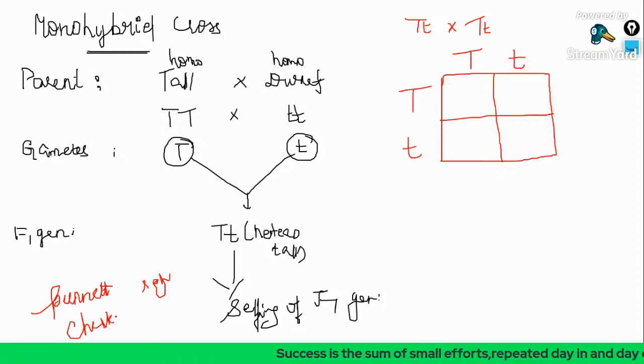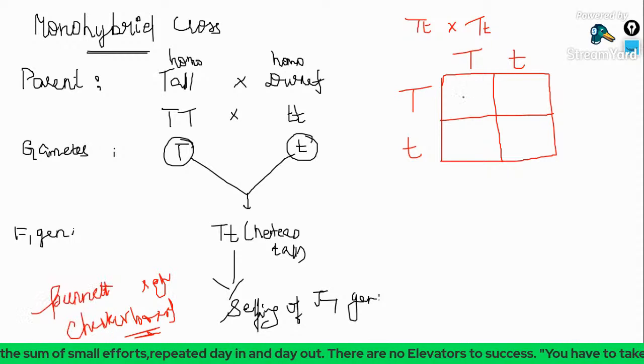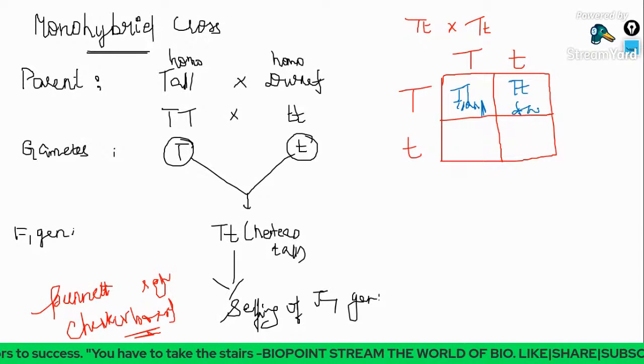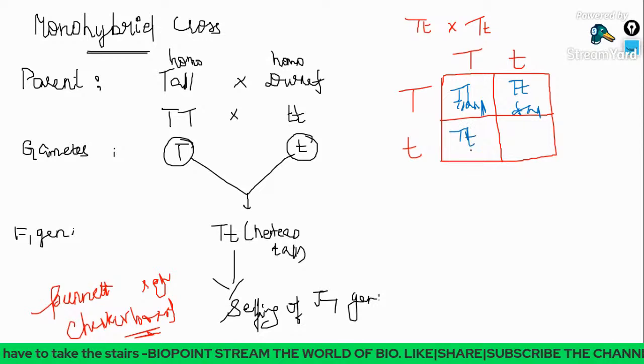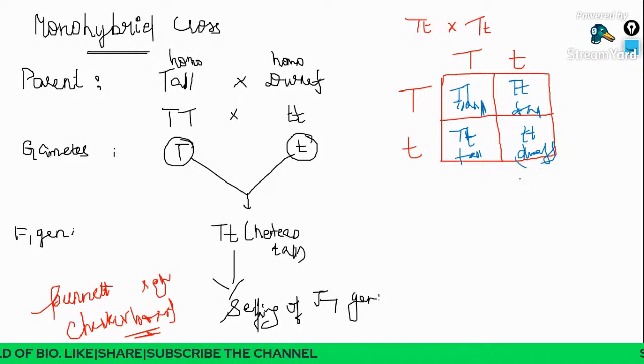Otherwise you can call it a checkerboard. Doing the cross: capital T capital T is tall, capital T small t is tall, capital T small t is again tall, and small t small t is dwarf.